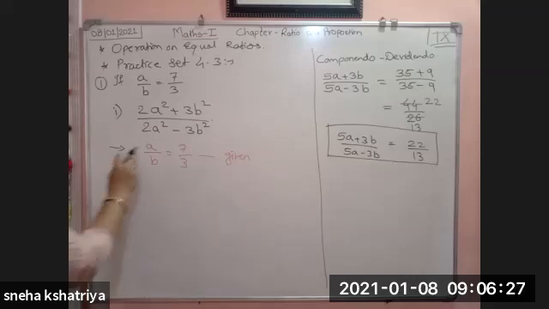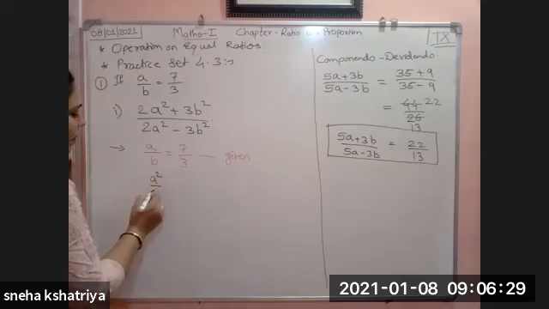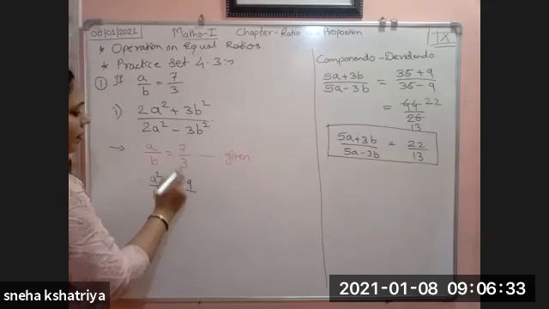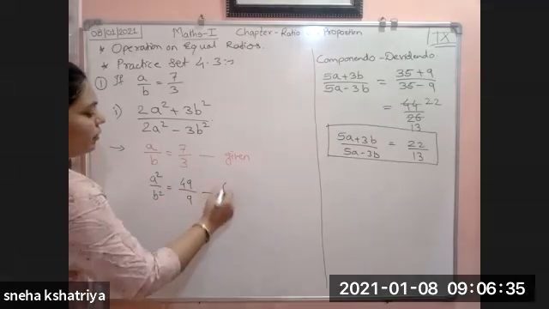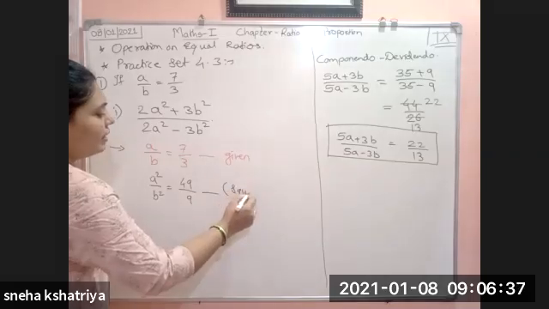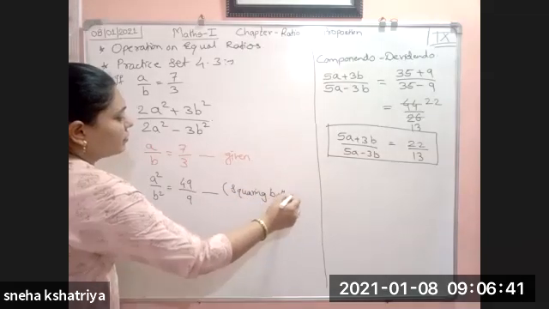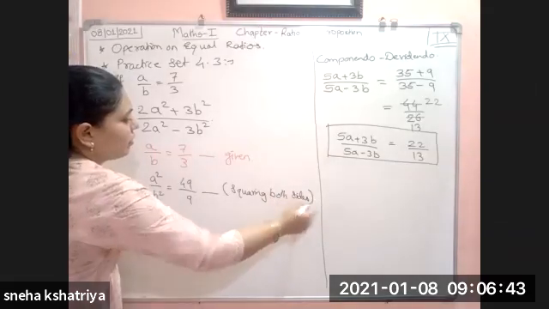After squaring, it becomes a square upon b square, which is equal to 7 square, 49, divided by 3 square, 9. Squaring both the sides.